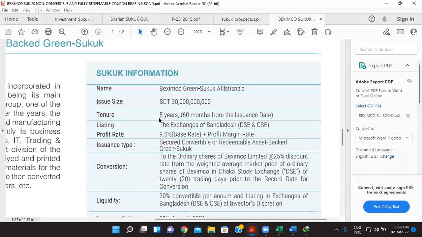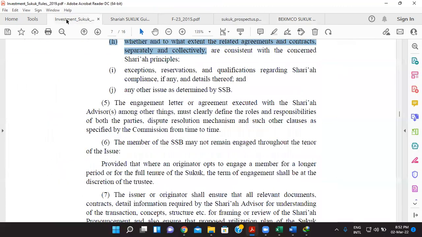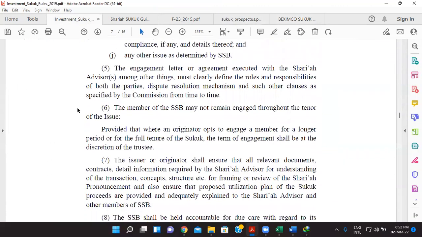What is the tenure of the Beksimko sukuk? 5 years, right? 60 months from the issuance date. So it is not necessary that each of the Sharia Supervisory Board members will continue their engagement up to these 5 years. It can be changed. They can remain engaged for a lesser number of periods or years.